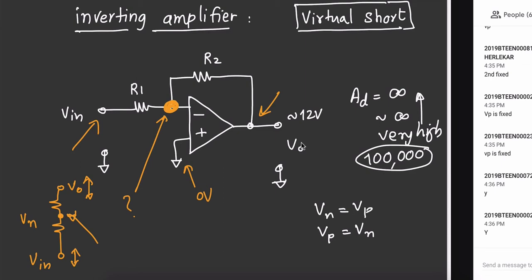So if we change Vn, VO will change, and because of which this Vn will change. So this is adjustable. If it is adjustable, then which equation is correct? Vn will be copied to Vp or Vp will be copied to Vn? One and two, which one is correct?